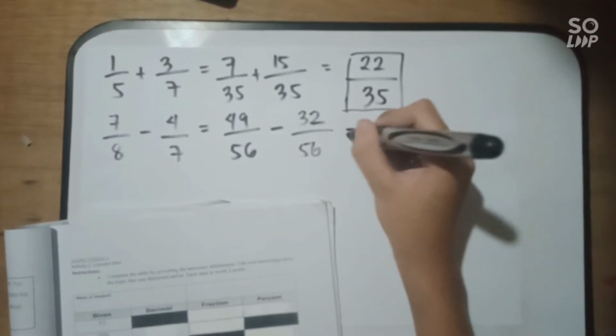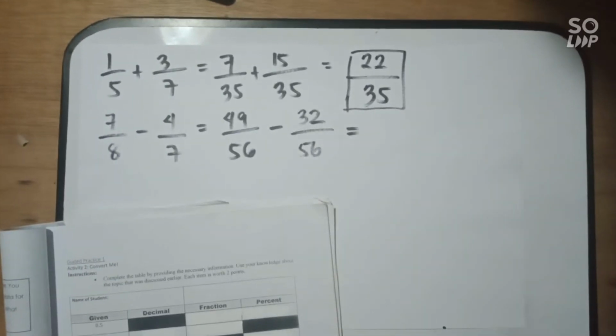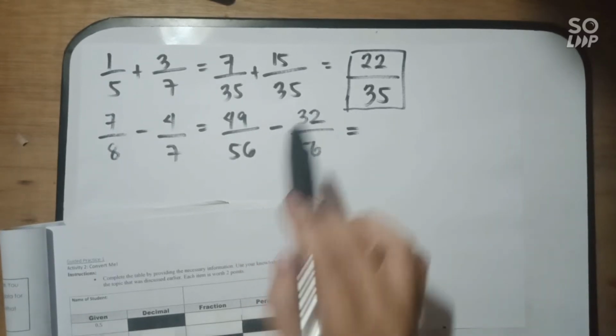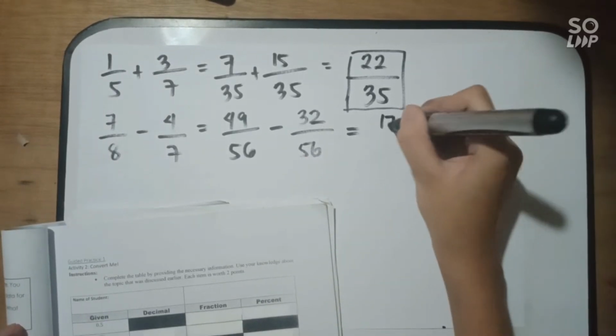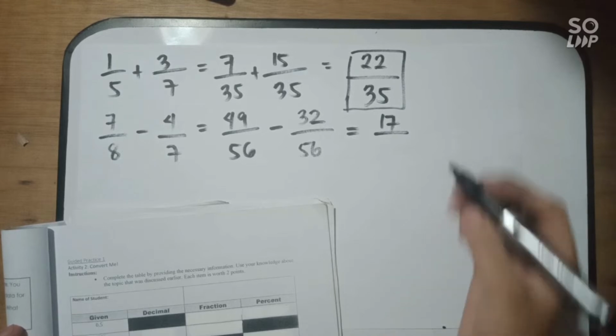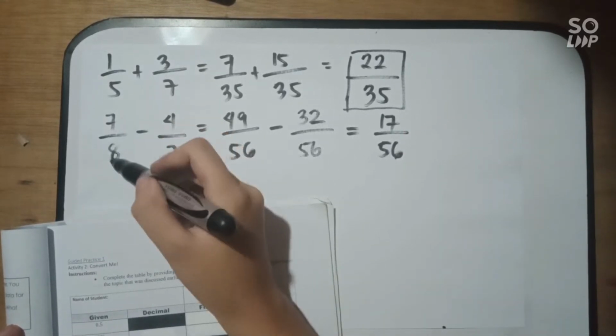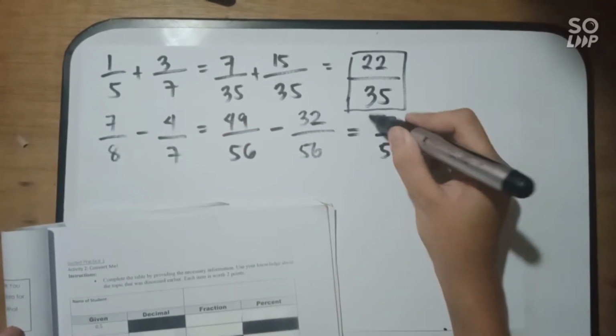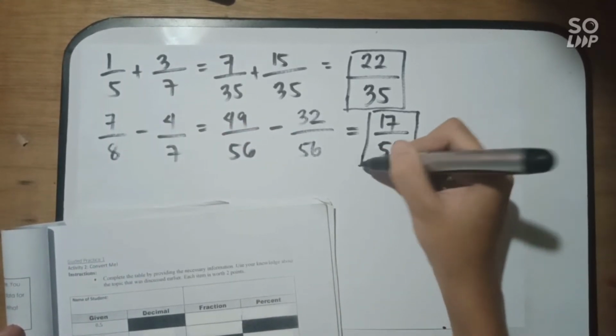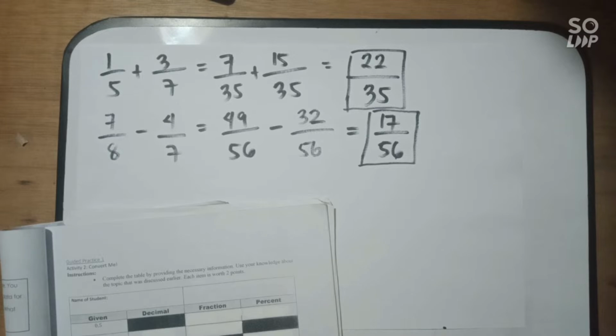So now we can simply subtract the two fractions. So 49 minus 32 is equals to 17 over the denominator, which is 56. So therefore, 7 over 8 minus 4 over 7 is equals to 17 over 56.